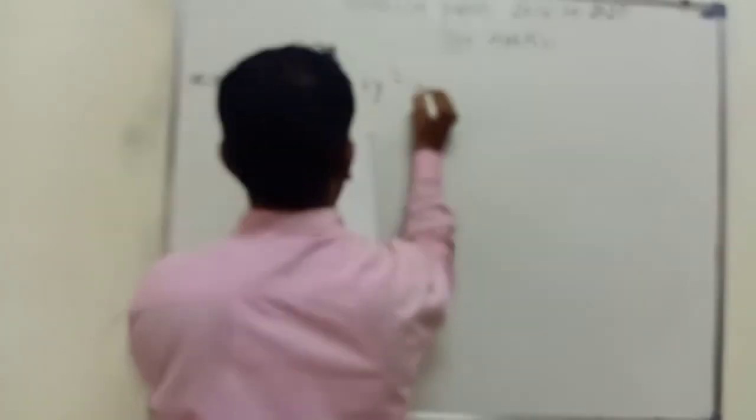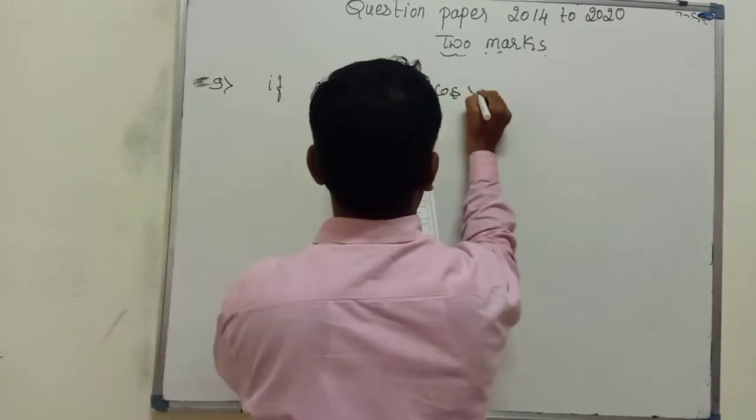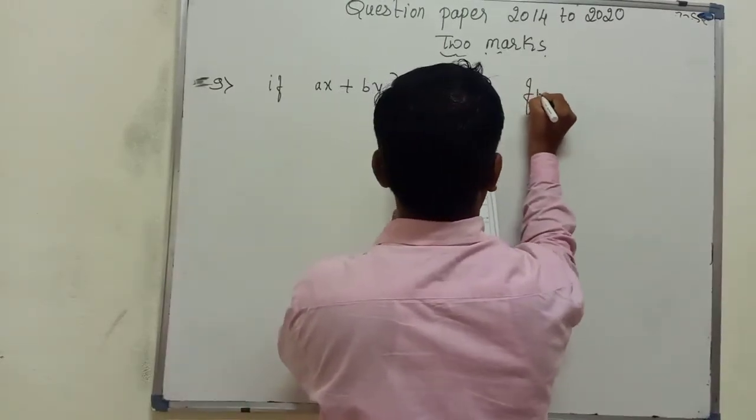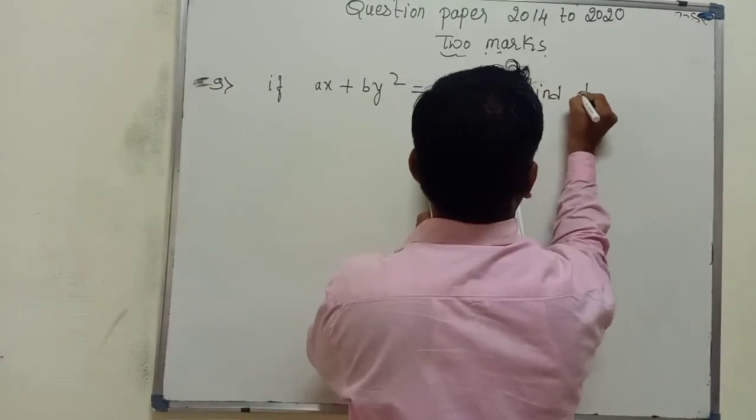So next we come to 2017. Ninth question: if (ax + by)^2 = cos y, find dy by dx.